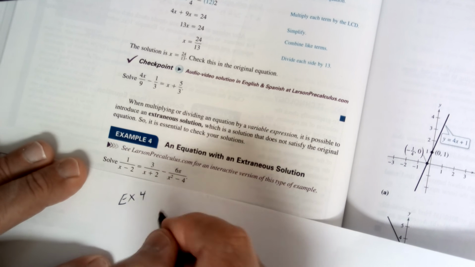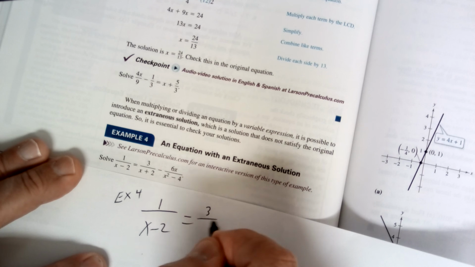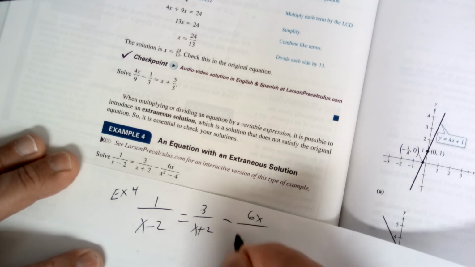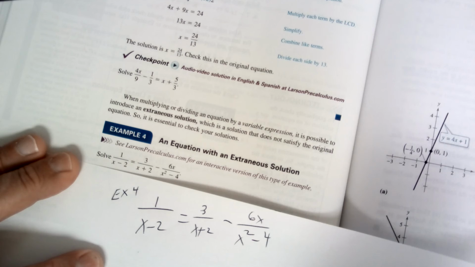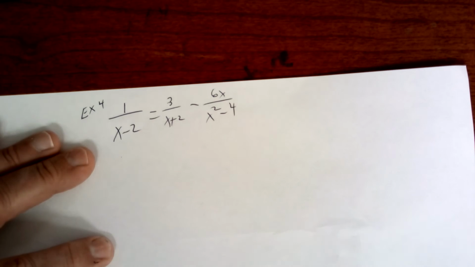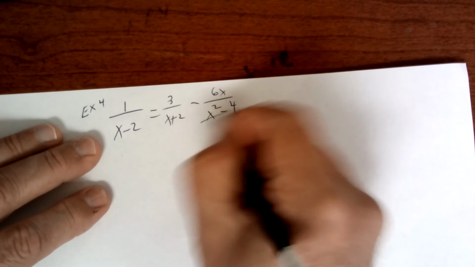So copy this down. Okay, copy that one down. All right, let's take a look. On this one right here, what you need to do is first factor your denominator. So this one right here factors as the difference of 2 squares.